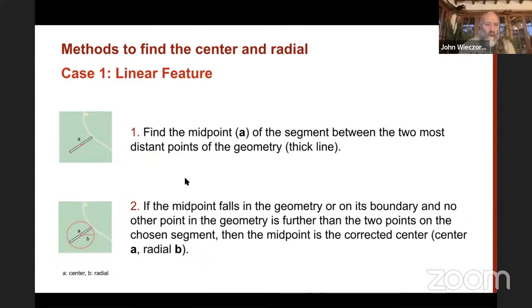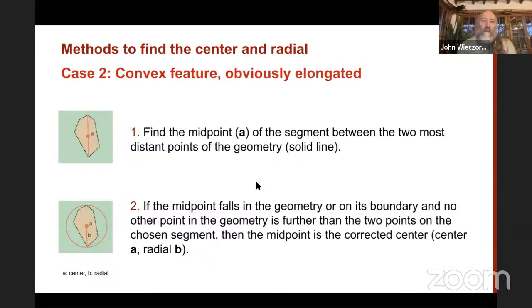So we chose A as being halfway between the two ends, and it's on the line. So it's already the corrected center. And then the radial would be the distance from there to either end of the line segment. So that's a simple case.